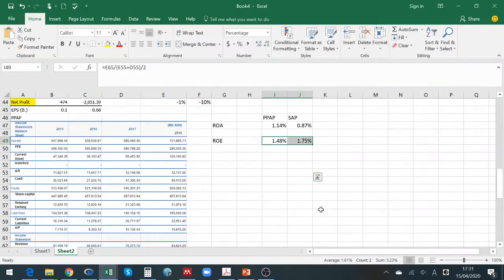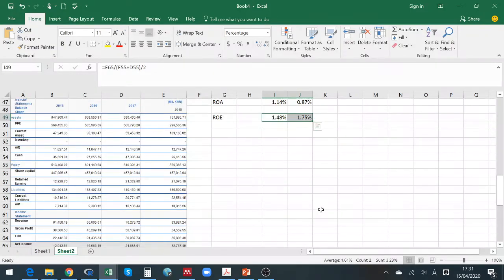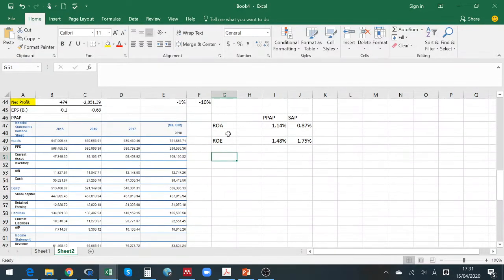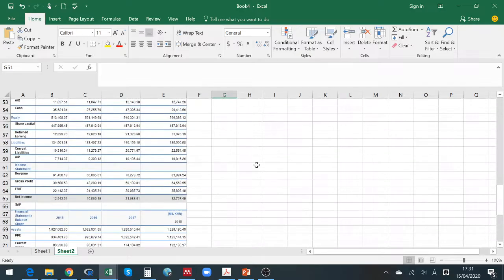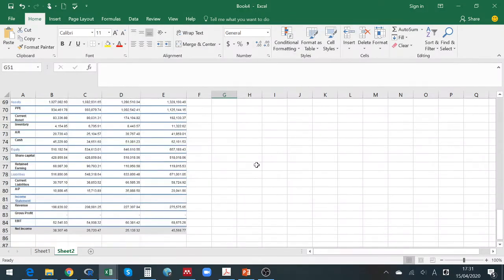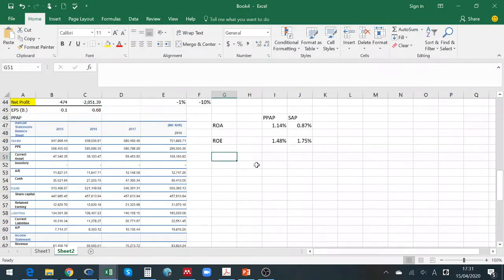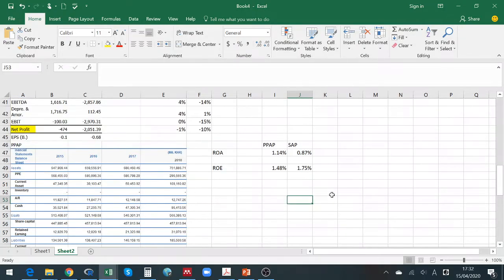Very small compared to the companies I know. ROA is 1%, which is really small. Anyway, this is in Khmer riel, their currency. So what can you say from here? The interpretation is that if you look at ROA, PPAP, Phnom Penh, is bigger than Sihanoukville.